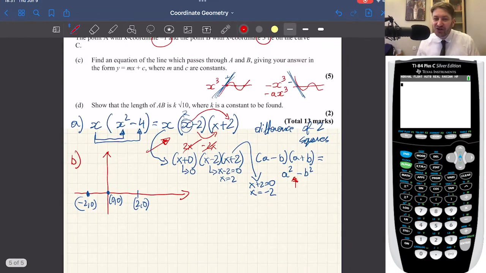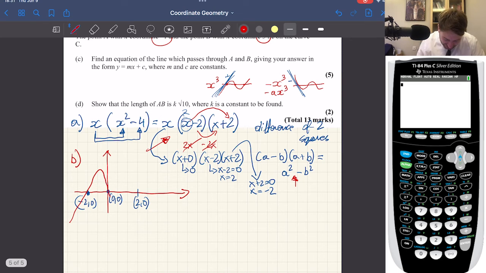Sketching just means make sure your shape is correct and make sure you use all the key points. And the key points are where your graph cuts the axis. So we're going to start here, starts at the top, cuts through here and goes through this. And obviously the y-intercept is at 0, 0. There's no need for that. Sometimes the y-intercept is somewhere else, but we'll get there when we have a question like that.